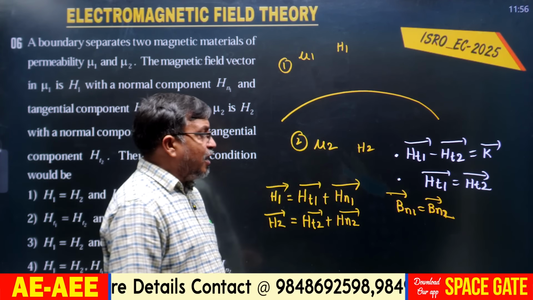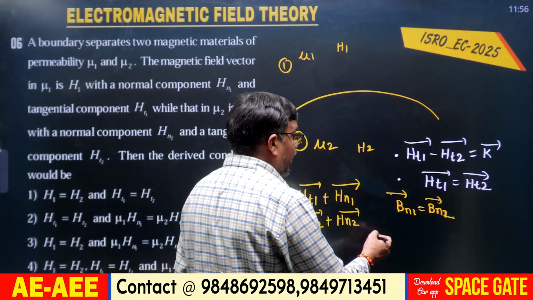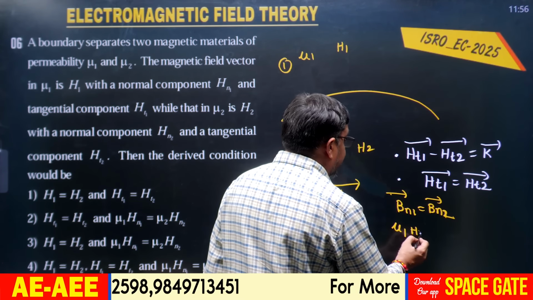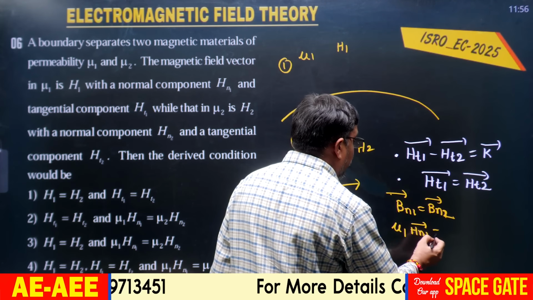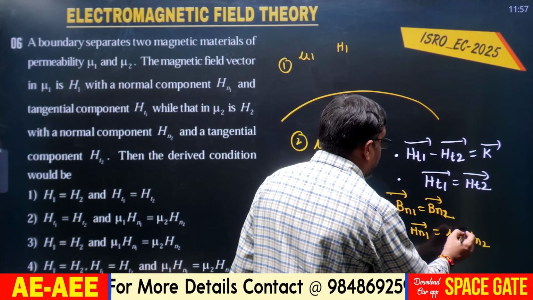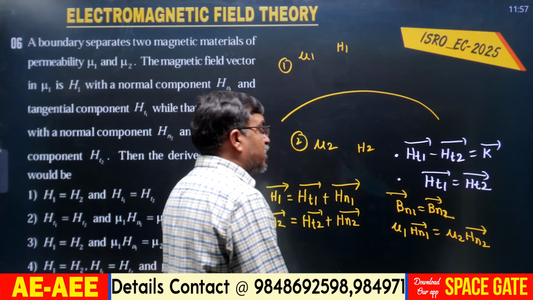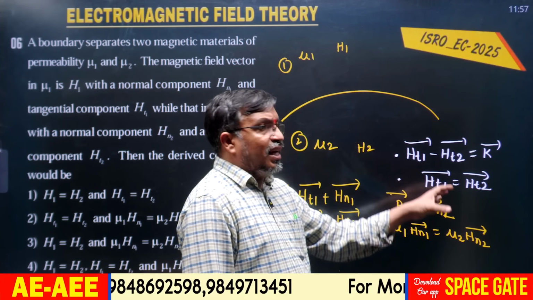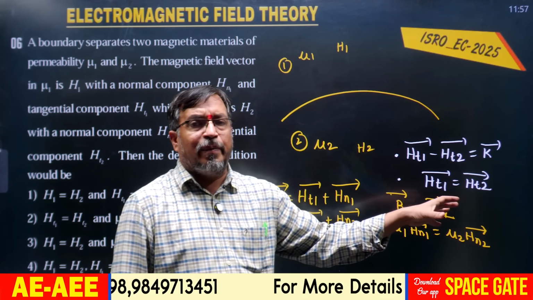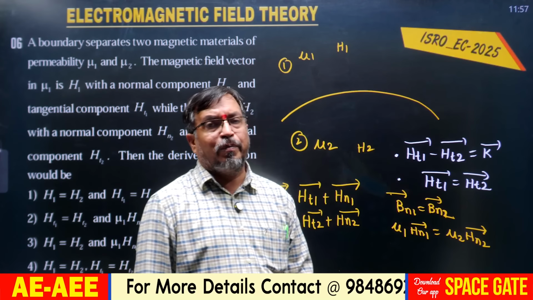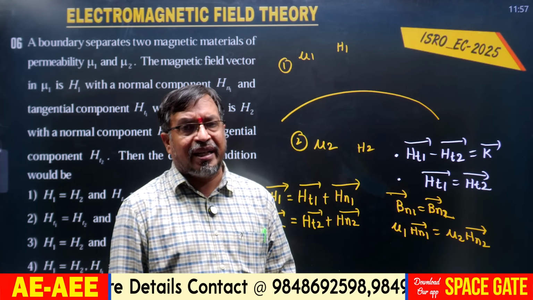And from the relation B equals mu H, I am writing here mu1 into Hn1 equals mu2 into Hn2. So these two are the relations in terms of the tangential component, and these two are the relations in terms of normal components. These are the four equations.